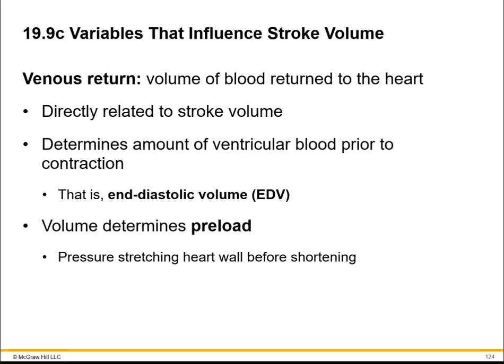This is going to determine the amount of ventricular blood prior to contraction. So venous return determines the end diastolic volume. The end diastolic volume is going to determine preload. Preload is the pressure that stretches the heart wall right before it contracts.